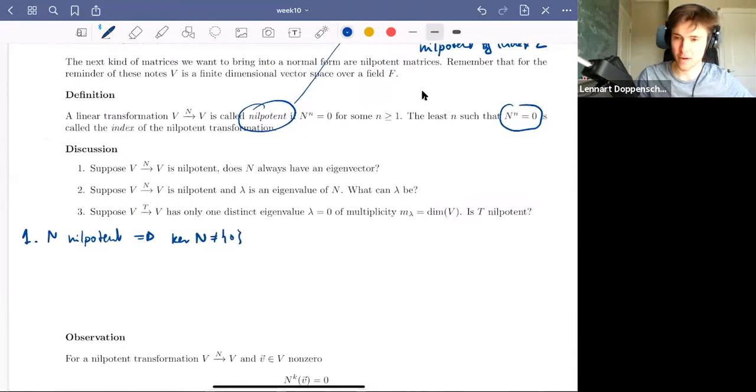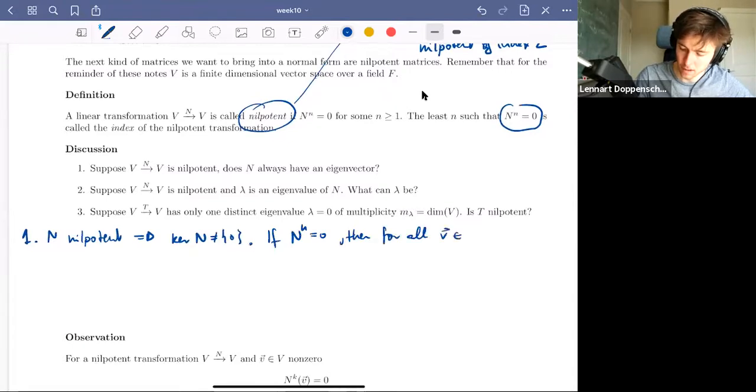Now we have to argue why. So if N to the n is equal to 0, then for all v non-zero, N to the n of v is equal to 0.